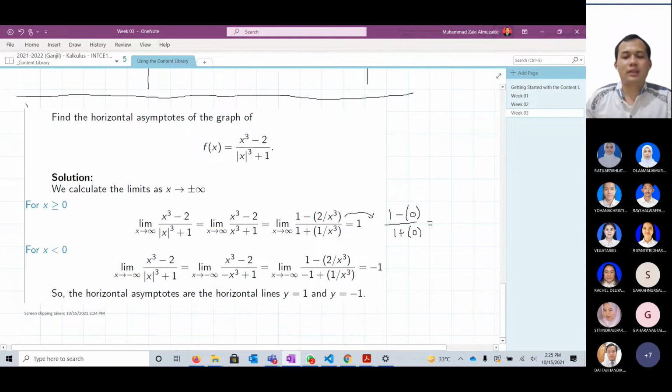Then we have 1 over 1, which is equal to 1. Same thing happened below. Down here, we have 1 minus 0 over minus 1 plus 0. So we have 1 over minus 1, which is minus 1. Is it clear? Okay, okay. I understand, sir. Thank you, sir.